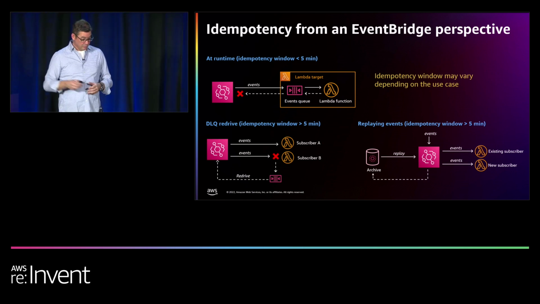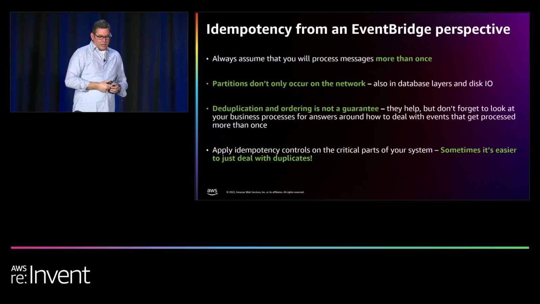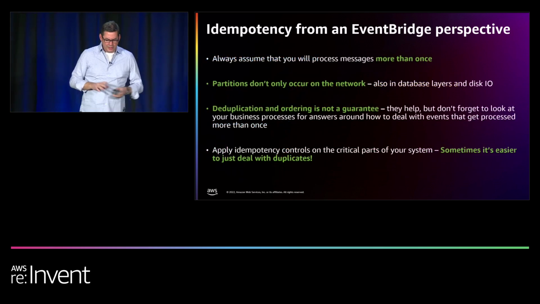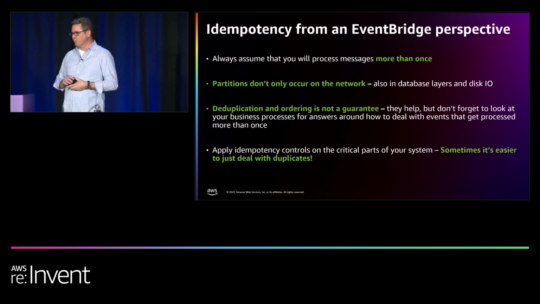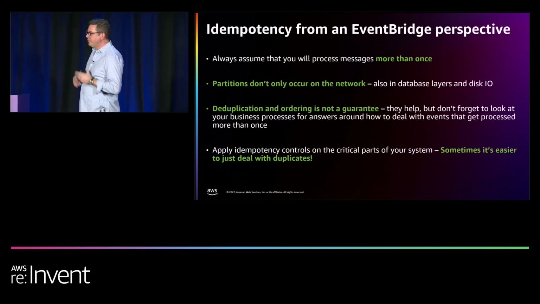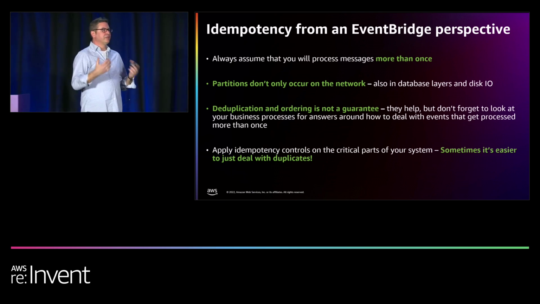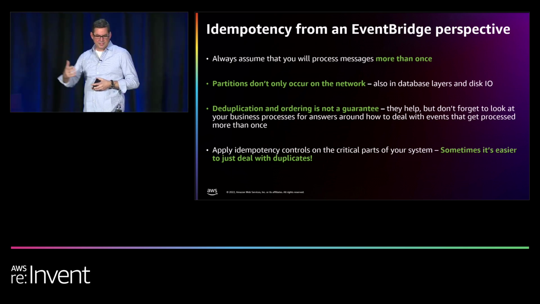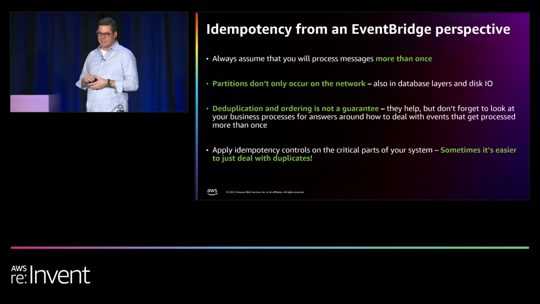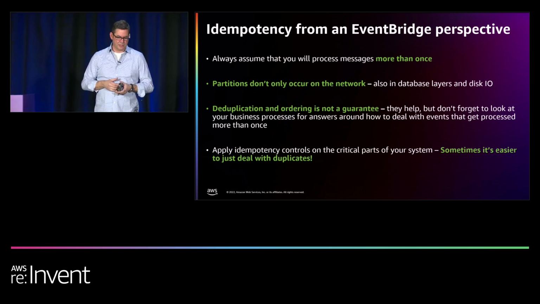Now, generally speaking, it's probably best to assume that you're going to be processing events more than once. We need to be aware of the fact that partitions don't just occur on the network, right? They can occur on disk, they can occur in the database. There are many different places where partitions can manifest themselves.